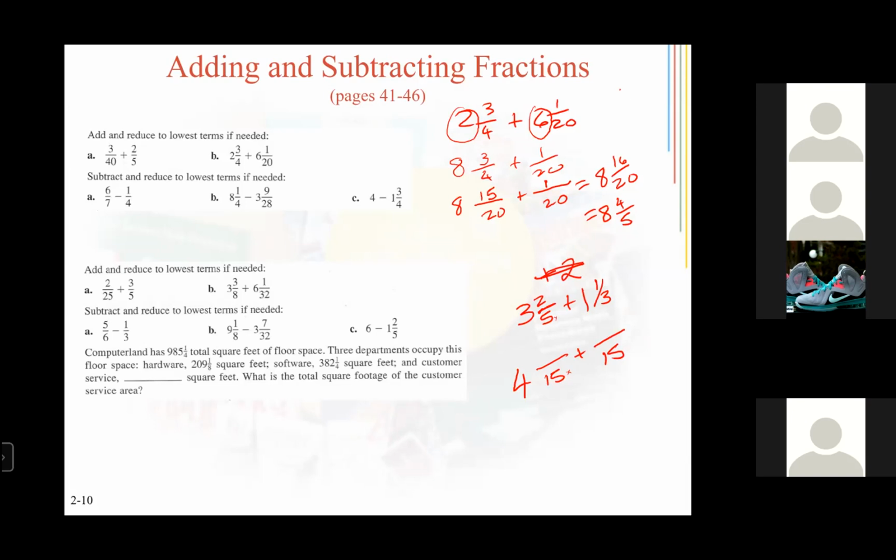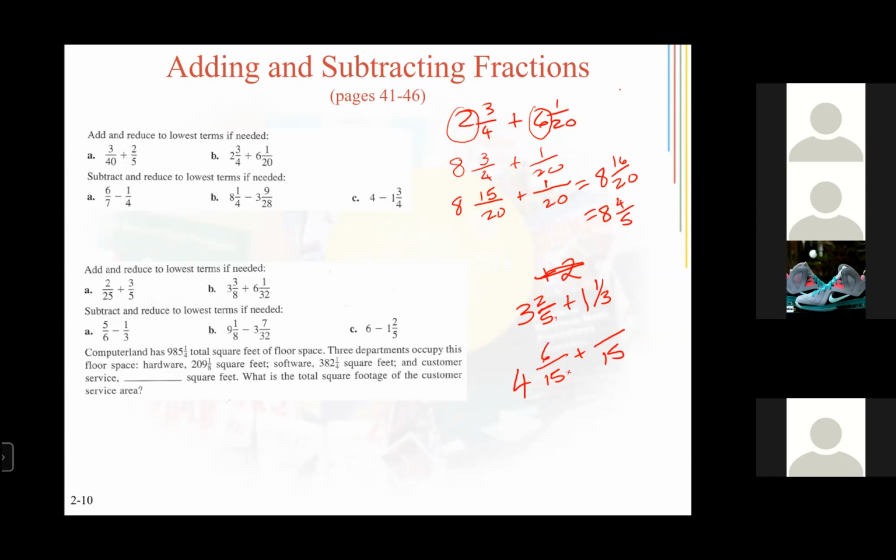That's 5 and 3. So 2 and 3, that'll be 6.